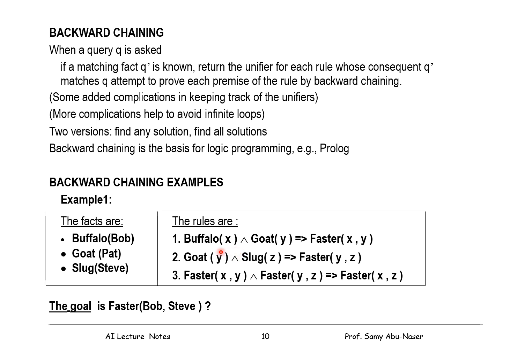If X is a buffalo and Y is a goat, then X is faster than Y. If Y is a goat and Z is a slug, then Y is faster than Z. If X is faster than Y and Y is faster than Z, then X is faster than Z. This is a transitive relation. The goal is: is Bob faster than Steve?